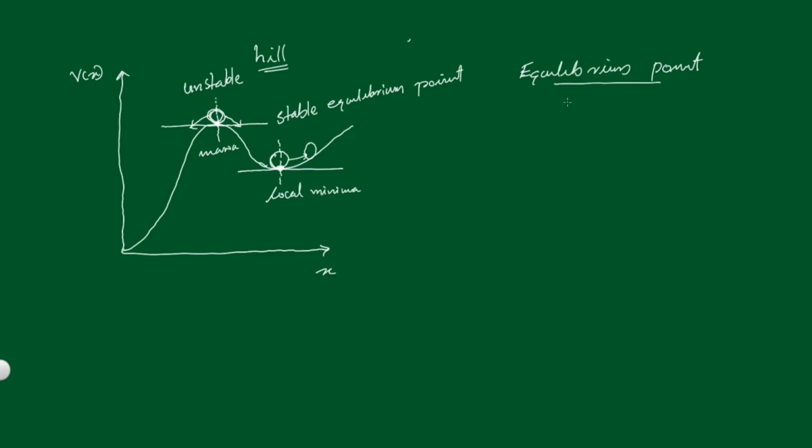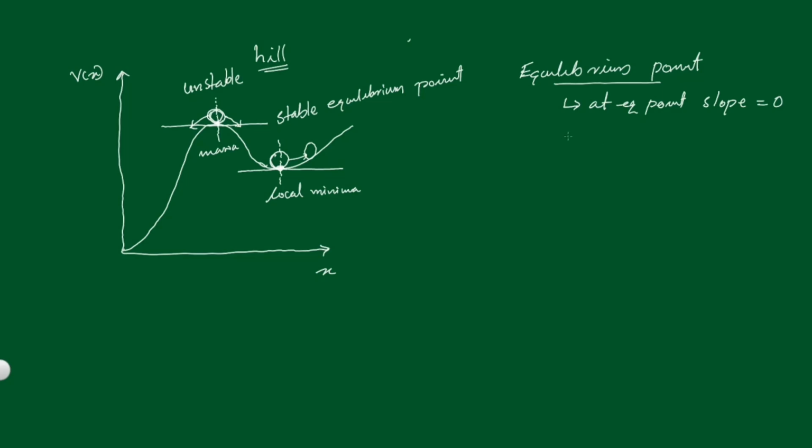So one of the conditions for an equilibrium point is that at the equilibrium point, slope is equal to 0. So to find the equilibrium point in an equation, you just find the slope. If slope is 0, the point corresponding to that slope will be an equilibrium point.